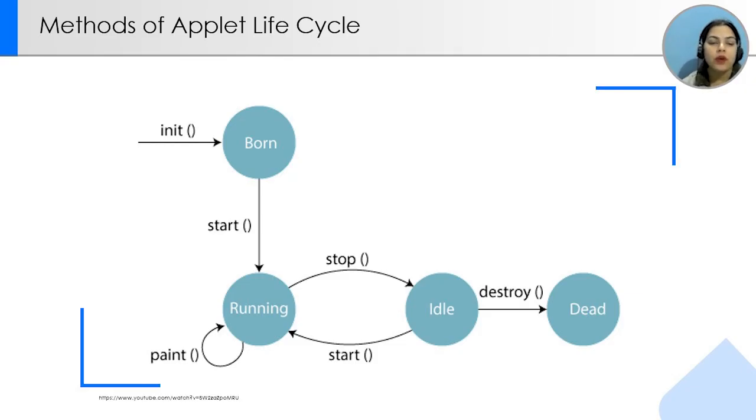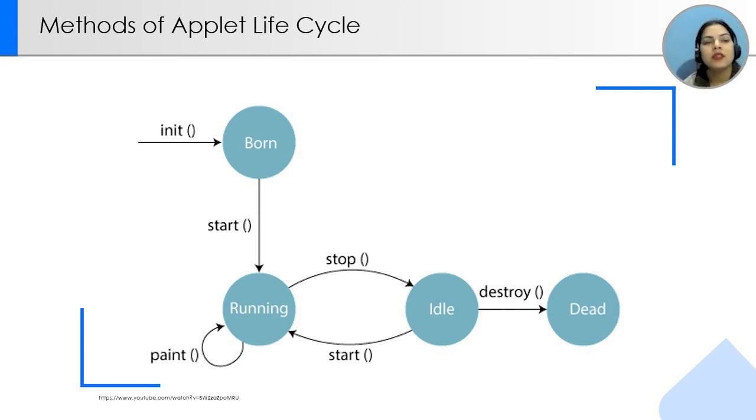So that pause, or that transition of the running applet to the idle applet, will be termed as the stop method. Then again, if the user needs to convert that idle state into the running state again, then we can say that the applet is in the starting phase, or the start method has to be used.